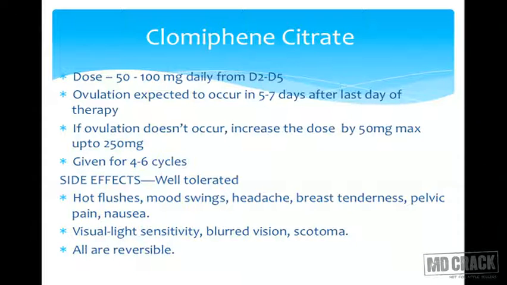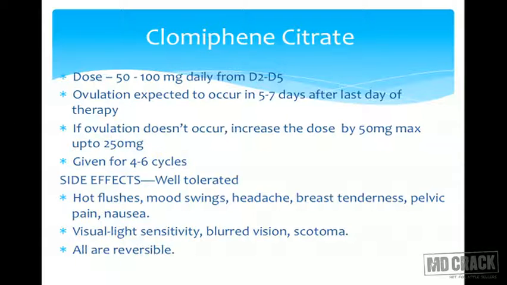If ovulation doesn't occur, then increase the dose in the next cycle. We can go up to 250 mg per day for 5 days, but the FDA approved dose is 100 mg per day.